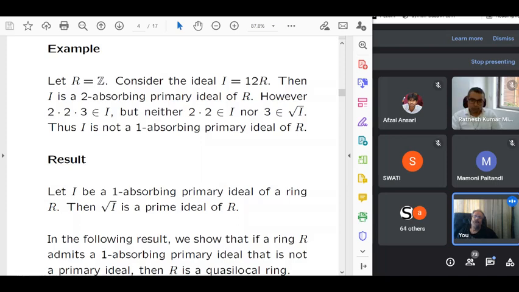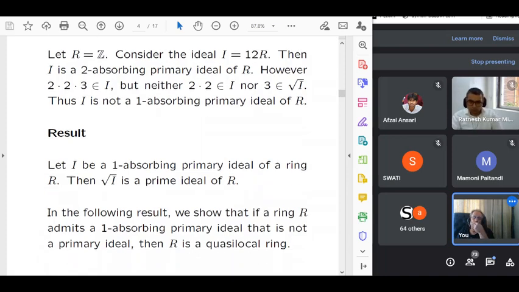If I is one absorbing primary, then the radical of I has to be a prime ideal. And this is the same thing as for primary. We know this result is true for primary: if I is primary, then the radical of I will be a prime ideal.